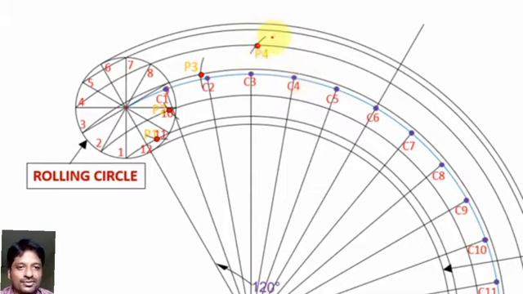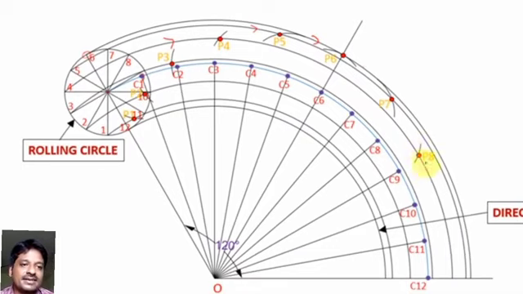In the same way, put the compass at C5 and mark an arc that generates the point 5 on the rolling circle. Put the compass at C6 and mark an arc over here, and this represents the point 6. In the similar manner, put the compass at C7 and mark an arc, then C8 and mark an arc which represents the point 8 from the rolling circle.